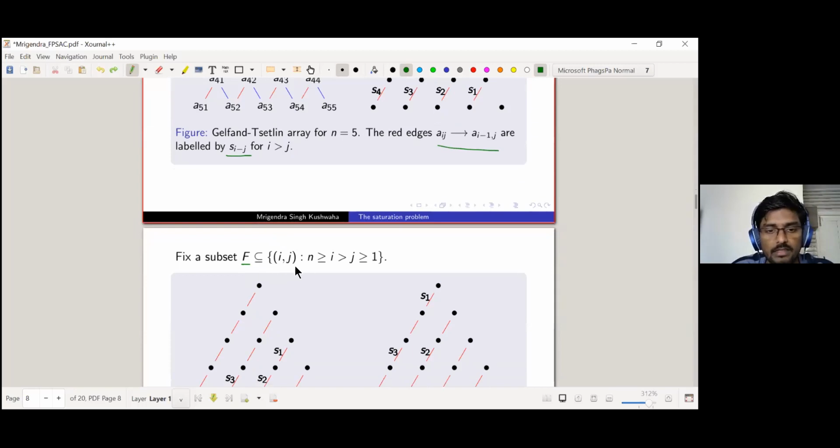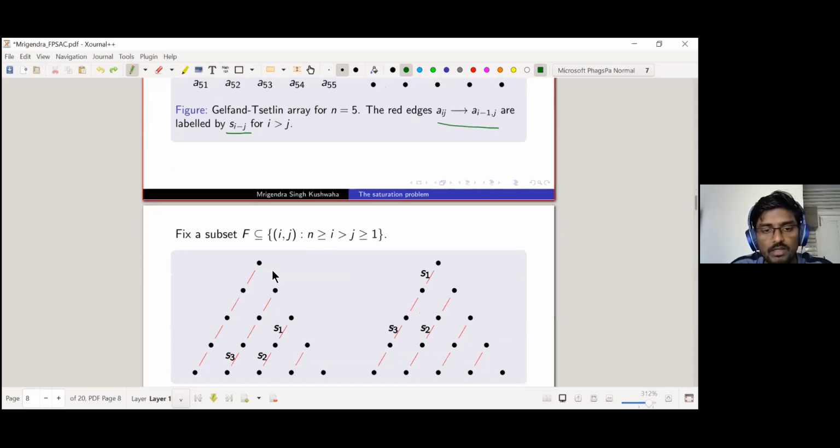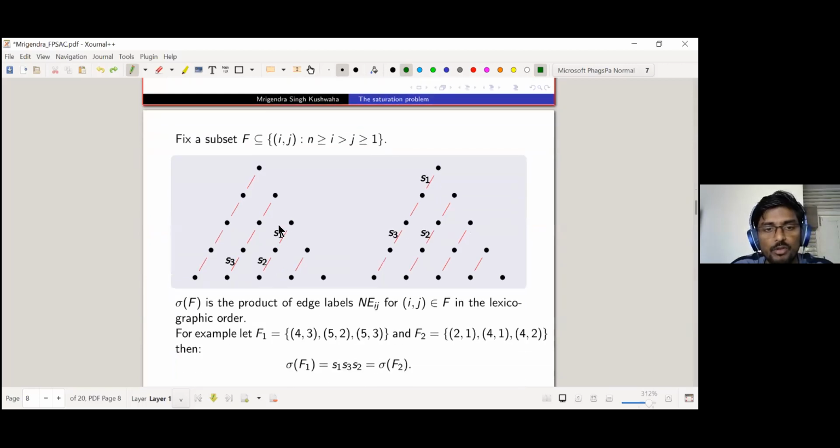So take (i,j) from this set and let it be in F. We look only at whenever (i,j) is in F. See here, I have taken one example F1, that is (4,3), (5,2) and (5,3). So this is (4,3), this is (5,2) and this is (5,3). So whenever you have F, you can associate a word.